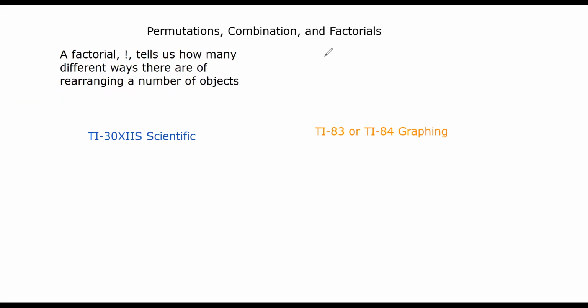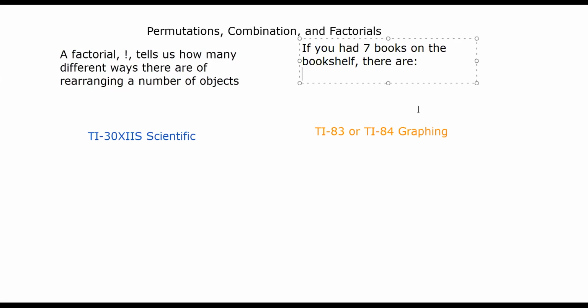So for instance, if you had 7 books on the bookshelf, here we would use the factorial, 7 factorial, which is 7 times 6 times 5 times 4 times 3 times 2 times 1.